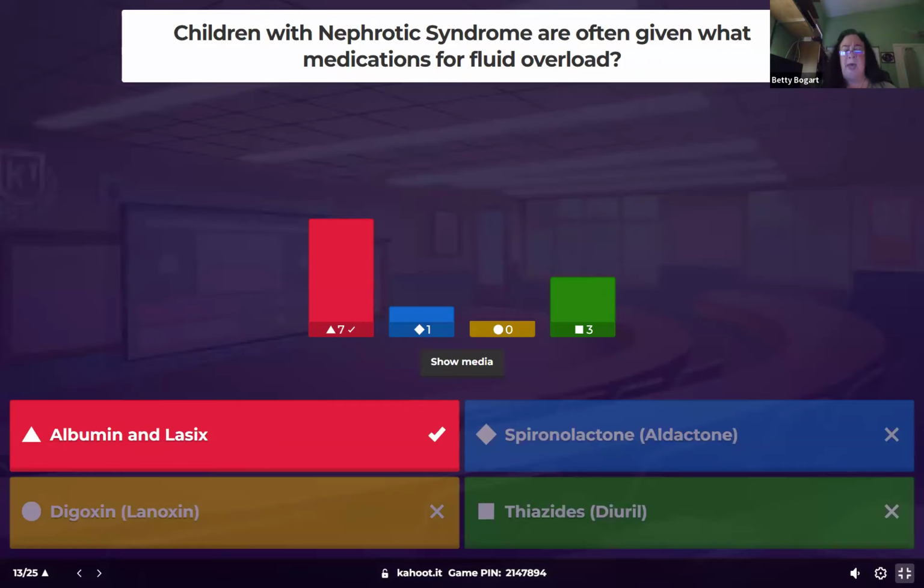Well, you're going to give some albumin. Albumin comes in little bottles, 5%, 25%, and it puts that protein back in the blood system. And then the fluid gets sucked back into the blood system. And then you give a dose about a half hour later of furosemide, Lasix, and you'll see a quick dump of fluids. And that's how we help it.